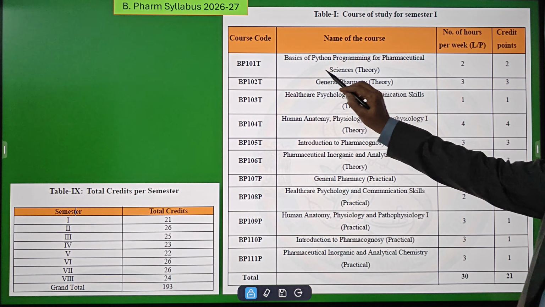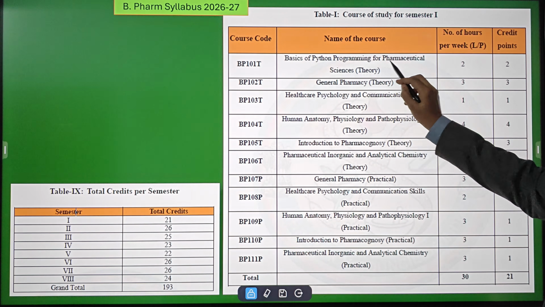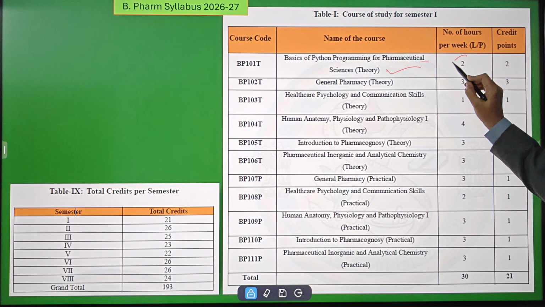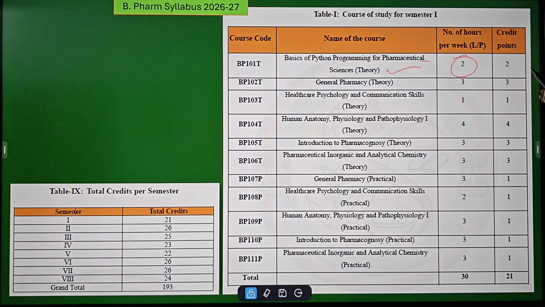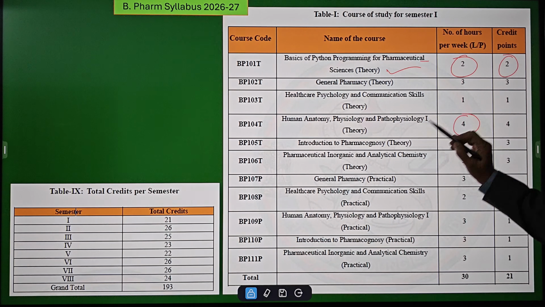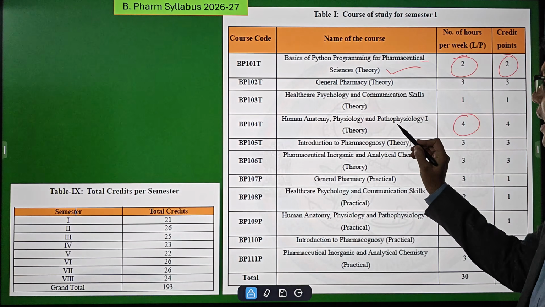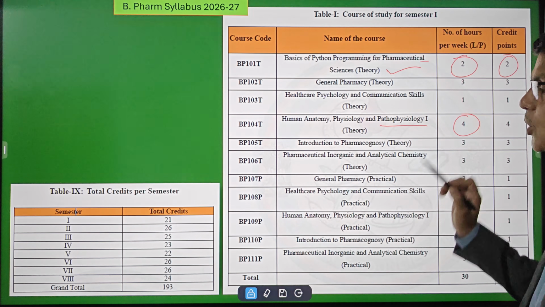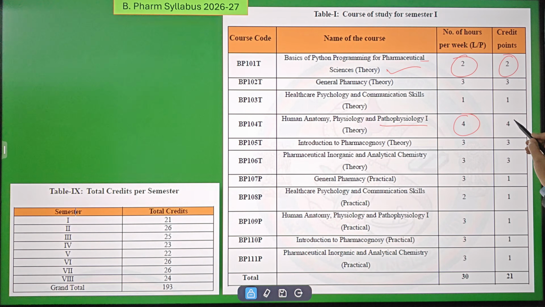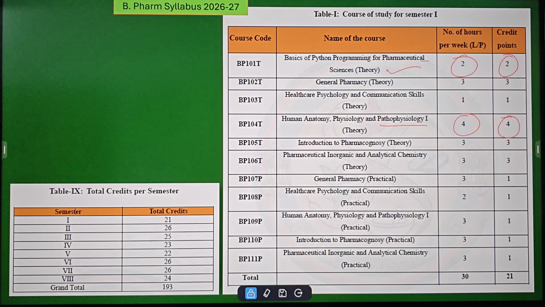see, basics of Python programming for pharmaceutical sciences. It is a theory, per week 2 hours, and it is having credit points of 2. Here also a core subject, human anatomy, physiology and pathophysiology, that is a new introduction, HAP, that is having 4 credit points.